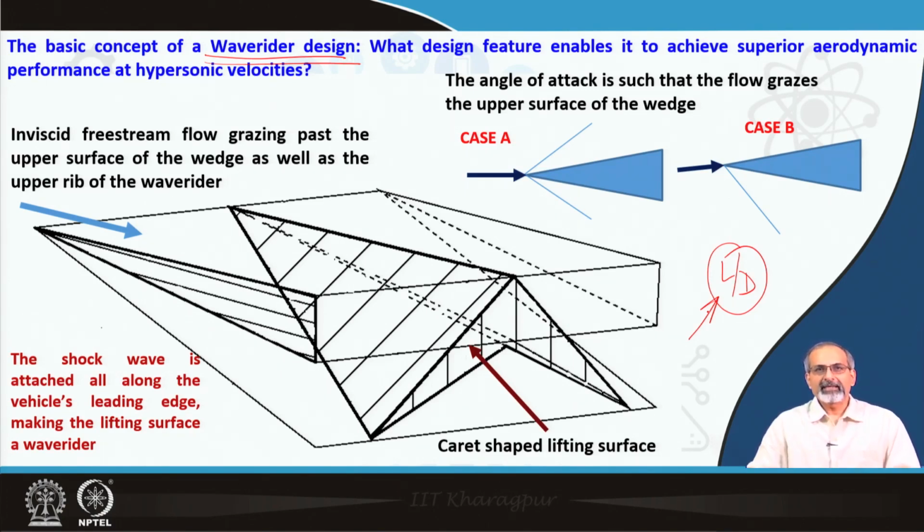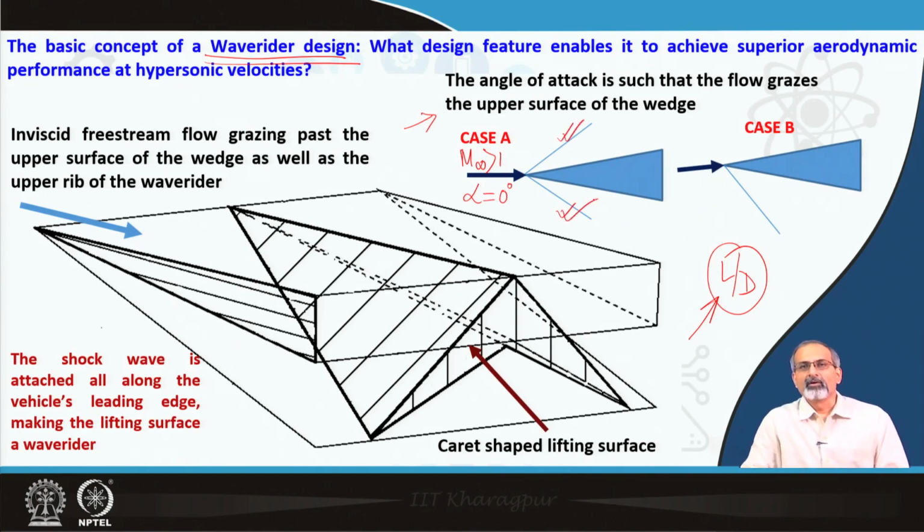We start with a simple sketch here to try to explain what might happen if you expose a sharp wedge to a supersonic or hypersonic flow coming and impinging on the body. So, if it is a case of zero angle of attack, then we know that two oblique shock waves would form symmetrically on the upper and lower sides of the body, and therefore, the pressure distribution would be behaving symmetrically on the upper and lower surfaces.